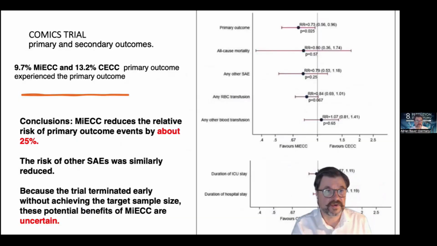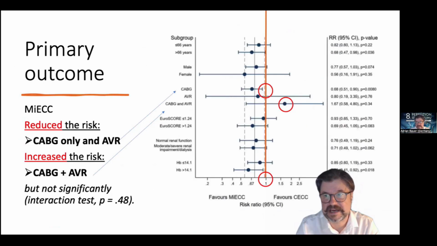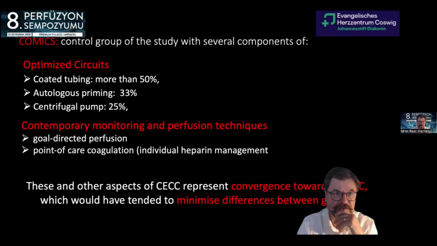So, an interesting approach. The conclusion is that MiECC reduced the relative risk of primary outcome events by about 25%, which is a nice outcome, I think. And the risk of serious adverse events was similarly reduced in both groups. So there's also a recommendation from this study to use a MiECC approach.